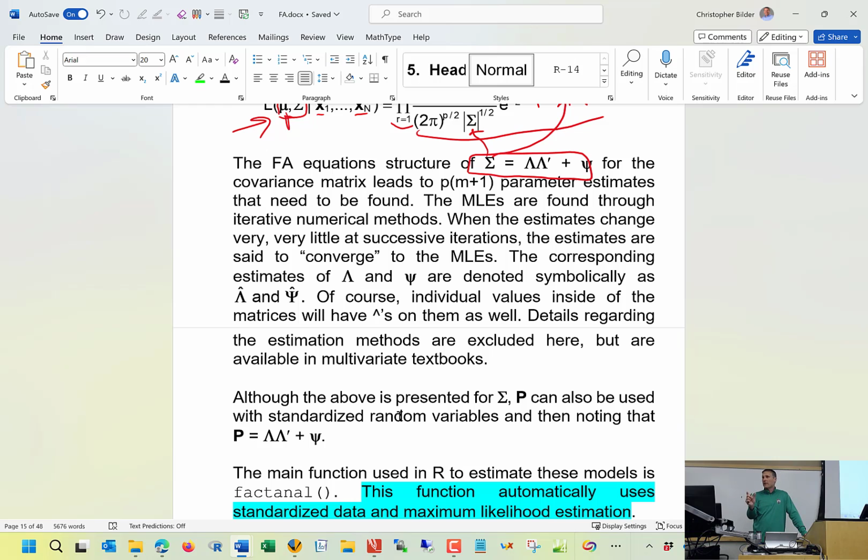If they are very similar, then I must have found where the maximum of that likelihood function occurs, and I'm going to use this new set of lambdas and psis as my maximum likelihood estimators. If they are not close, then I'm going to keep doing this iterative process over and over again to improve my estimates to find where that maximum value occurs.